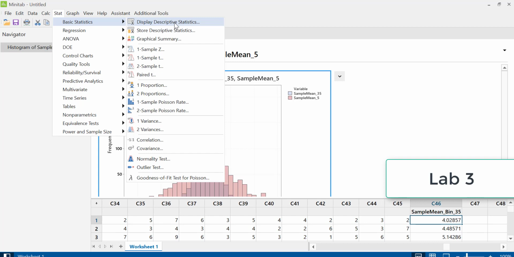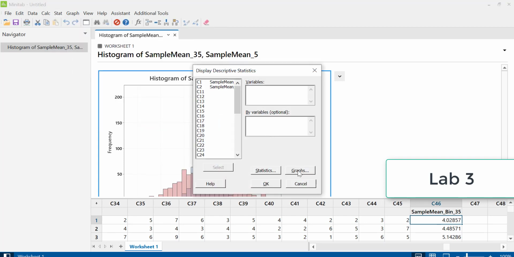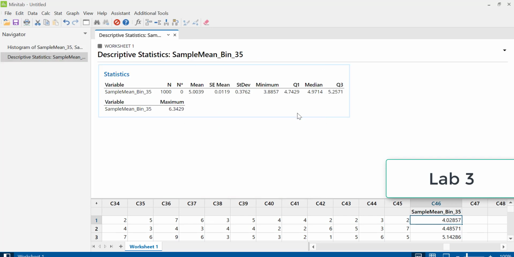So we'd like to see what the data looks like. We have 1,000 data points. The average, the mean, is 5. So for the binomial distribution, n equal to 100, p equal to 0.05, the population mean equals np.